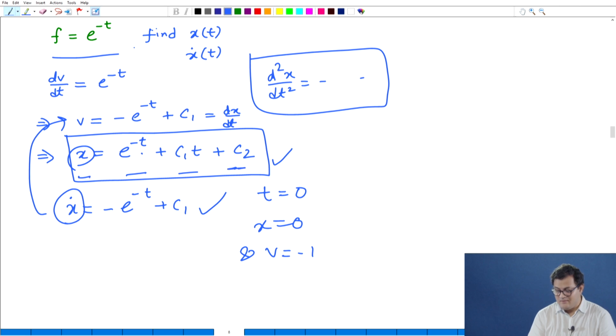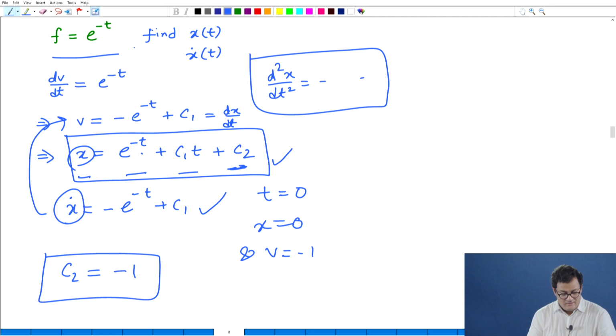So, that is why C 2 will be minus 1, right. And if C 2 is minus 1, then from this one also you can say something about C 1 easily. At t is equal to 0, this one is 1. So, this is minus 1 and v is minus 1. So, C 1 will be 0.